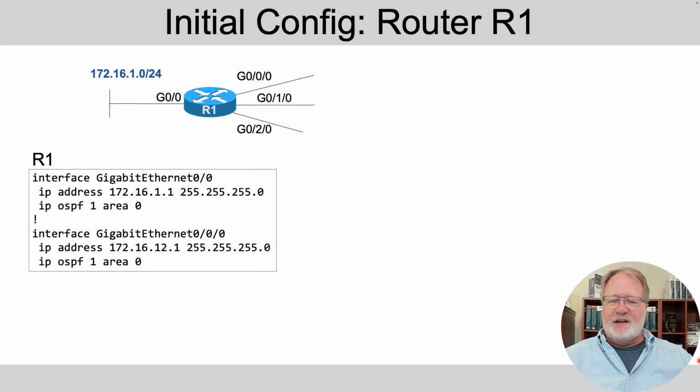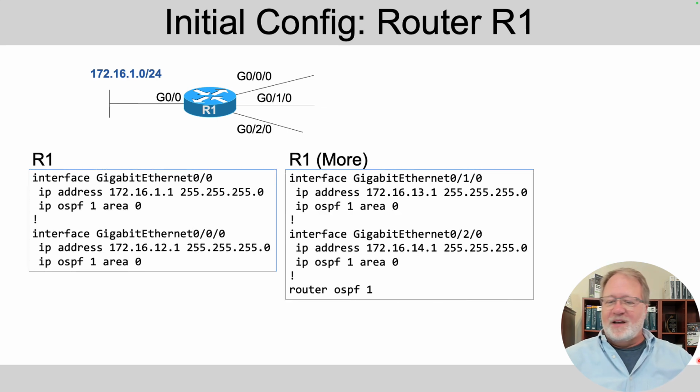So in this case, we've got configuration that looks like this. We've got all 4 interfaces with IP addresses, and they all have this same command, ip ospf 1 area 0. That command says enable OSPF process ID 1 and place the interface in area 0. So all 4 interfaces in this drawing are enabled for OSPF.